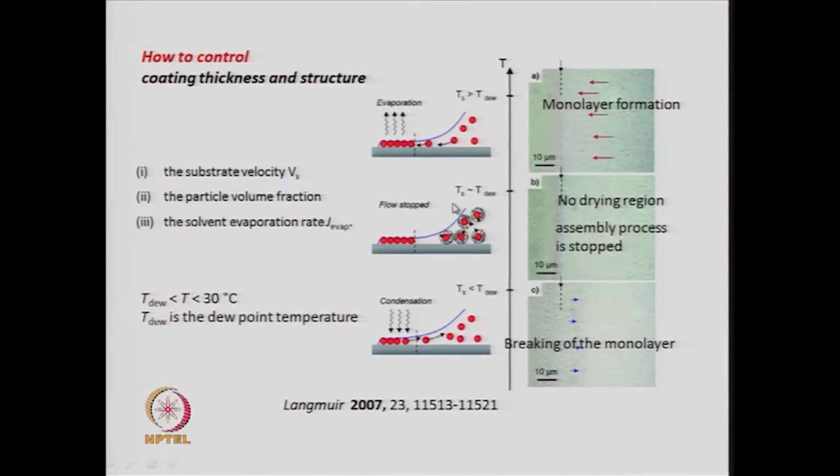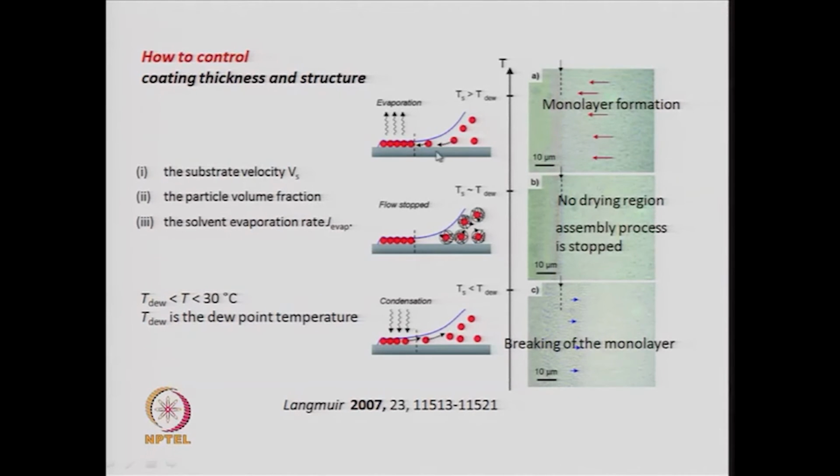Now, if you want to control the thickness and the structure, here you can control the substrate velocity, the particle volume fraction, and the solvent evaporation rate. All these you can control by controlling the temperature.